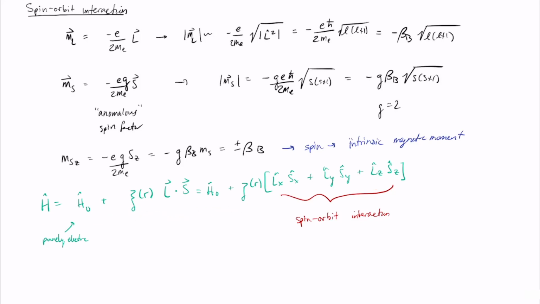And this changes the nature of the solutions you get to the time-independent Schrödinger equation for the hydrogen atom. So the way that this is normally talked about is it says that spin-orbit interaction makes it such that m sub L and m sub S, the projections of angular momentum and spin onto the z-axis, are no longer good quantum numbers.